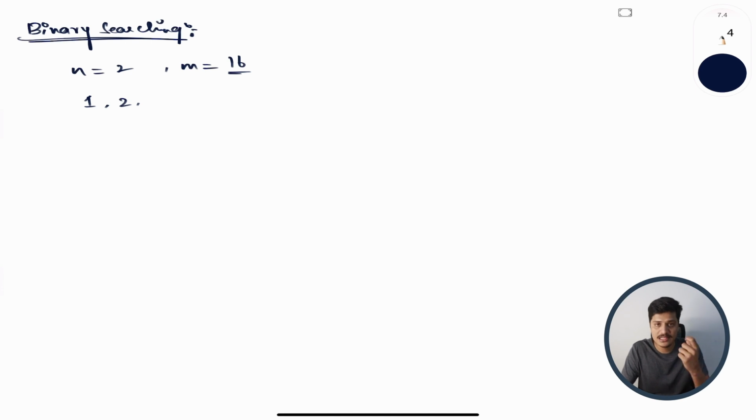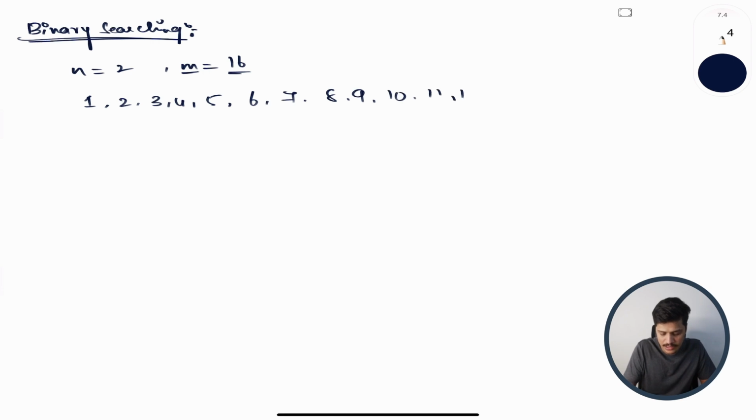So we will consider all the values between 1 and the given value of m itself. That means our possible range would be 1 2 3 4 5 6 7 8 9 10 11 12 13 14 15 and 16. So this is our start and this is our end.